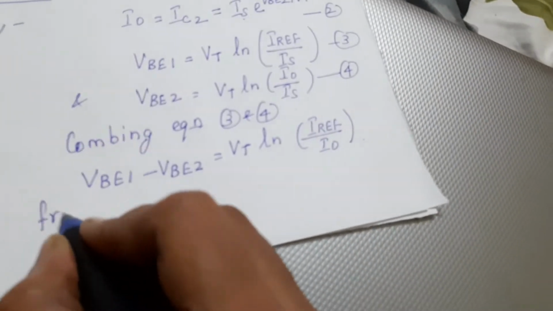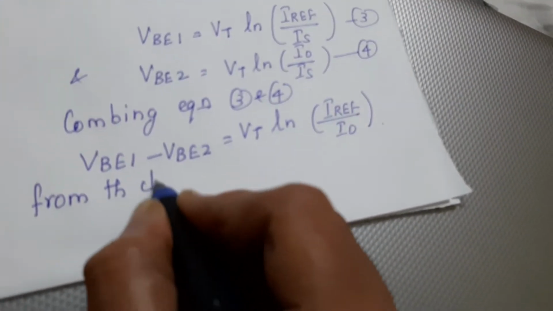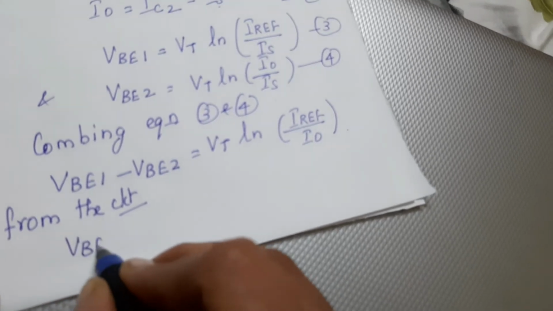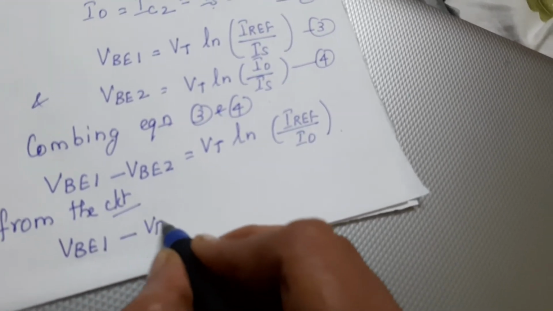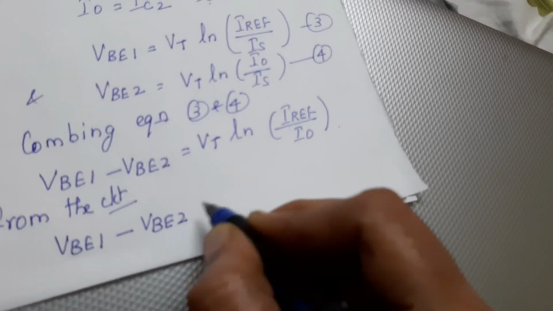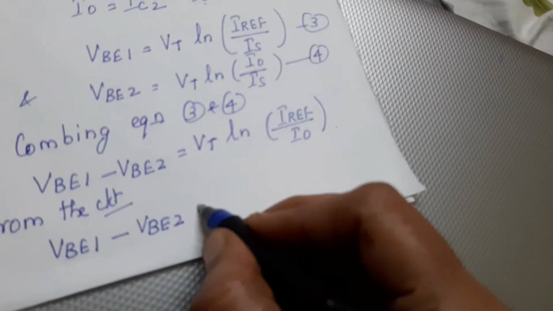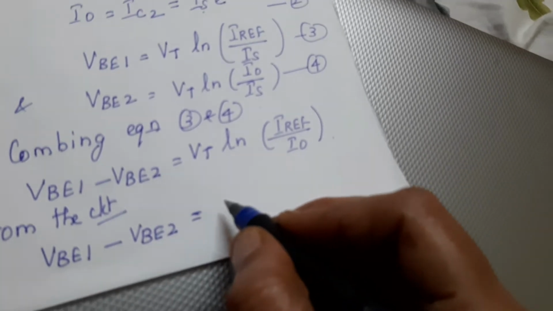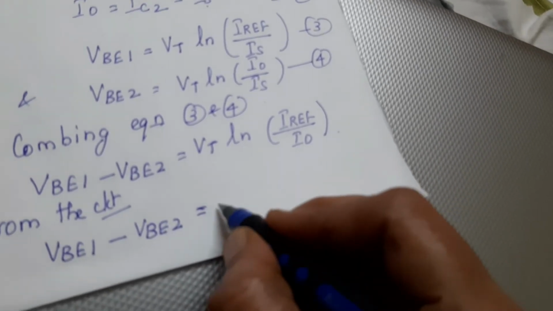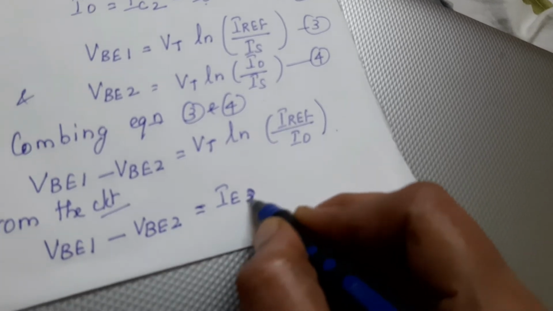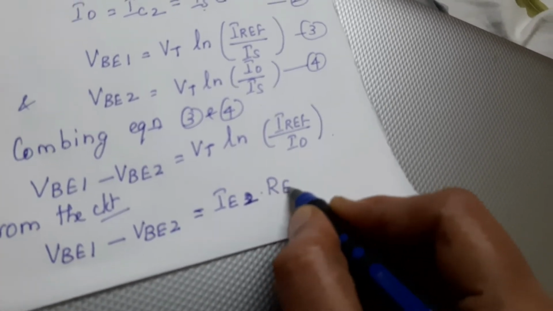Therefore, from the circuit I can write VBE1 minus VBE2 equal to the drop across the resistor RE. I write this in terms of voltage using Ohm's law, I into R, and therefore I can write IE2 into RE.